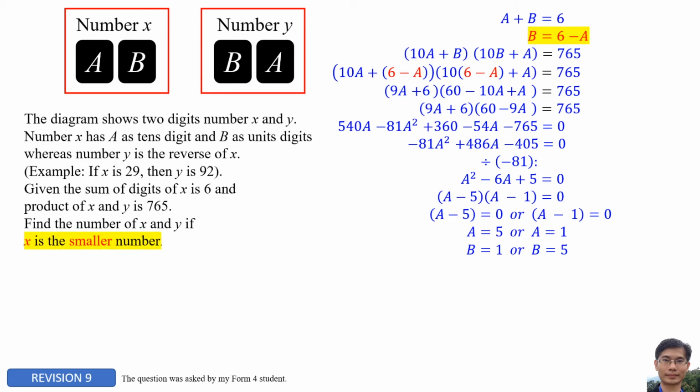X is the smaller number, so it means that x is less than y. So the number x is equal to 10a plus b, less than the number y is equal to 10b plus a. Then we simplify the linear inequality.